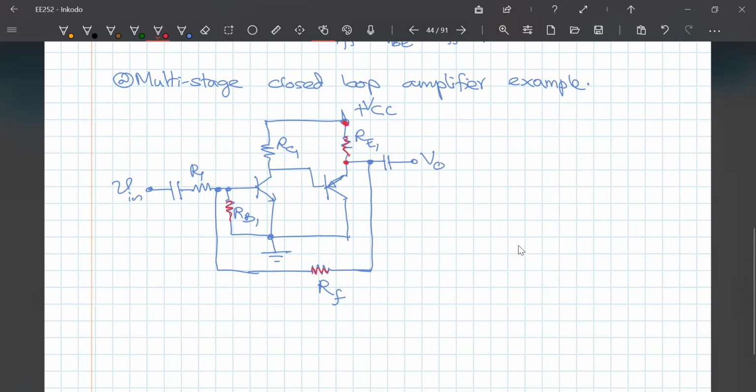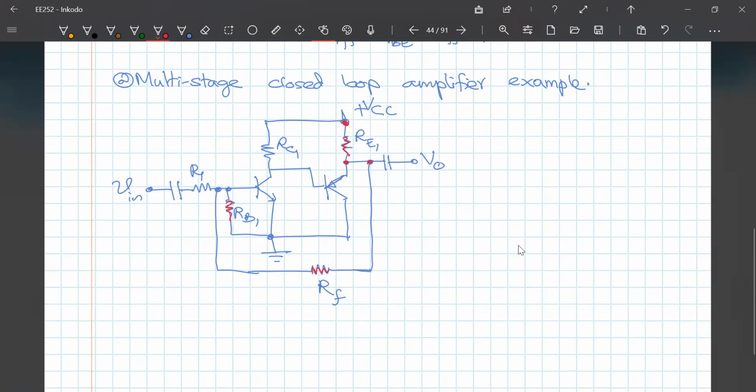And the good thing is, if for some reason this voltage increases at the emitter of the second stage, then the voltage across RB1 also increases because it will act like a voltage divider. The whole current flows through that. The current through the base will be very much smaller compared to that.